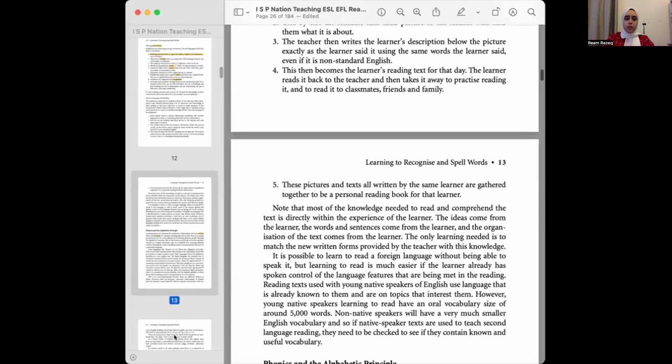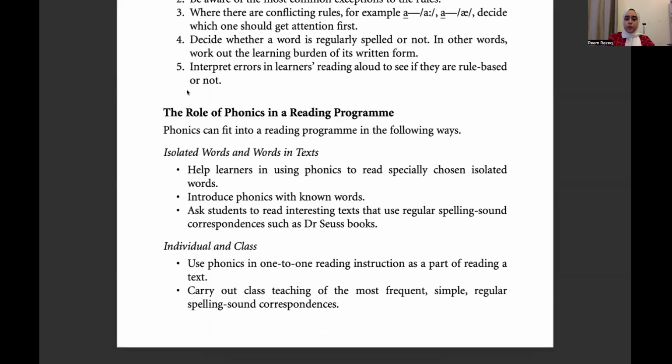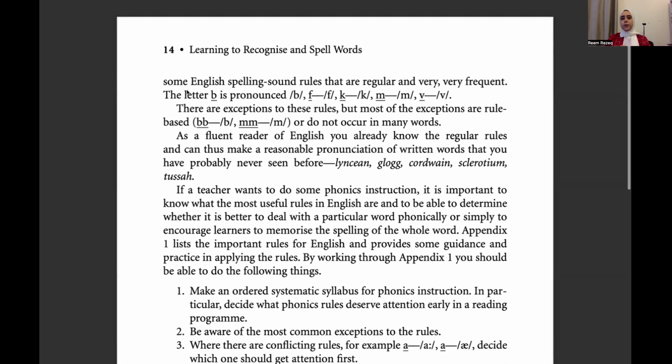Going to the next page. Here there are some examples of P. The letter B is pronounced as P, and K. You're using your lips, so for example, moon, mouth, and for example, visa.